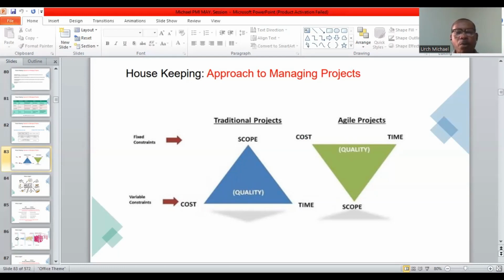The scope is the fixed constraint in traditional projects because the scope defines everything about the project. For instance, for those who are in the construction industry, say you want to construct a drain of about 100 meters in length. You quite agree with me that after your quantification and all that, and you've agreed on the final project cost for the construction of the drain, the cost is directly proportional to the scope, which is the requirements.